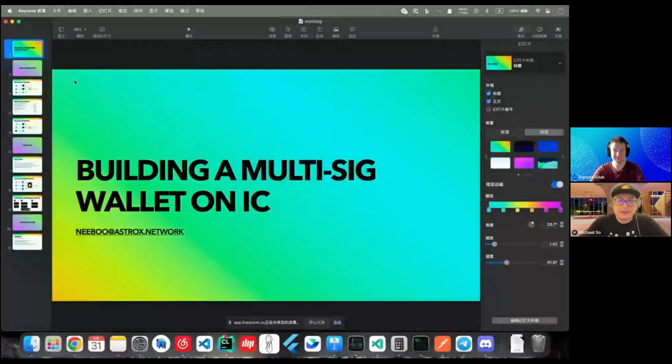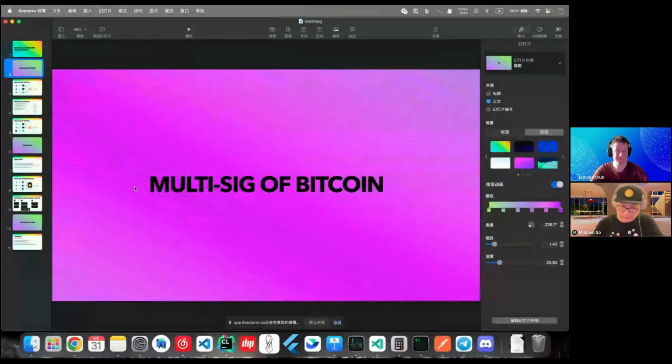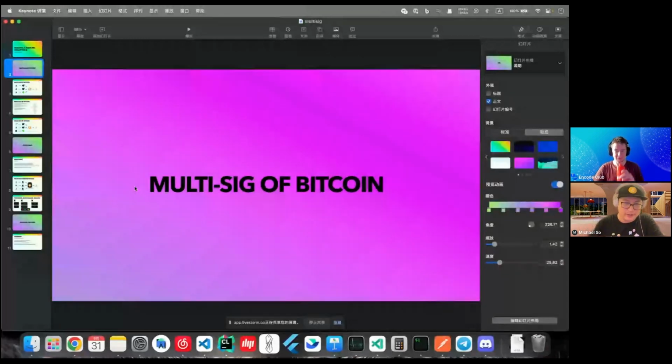First, I'm going to talk about what multi-sig of Bitcoin is. Multi-sig has a long history, and it is a very complex and difficult technique for transacting among multiple parties. You can see this graph.